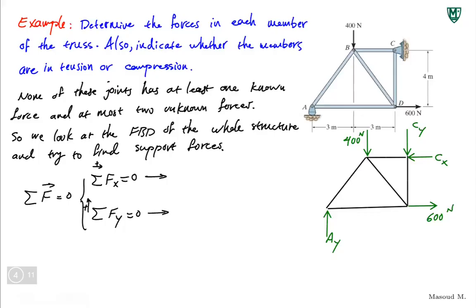600 minus Cx, exactly. 600 minus Cx, and that's pretty much it. So from here I can get Cx would be 600 Newton.